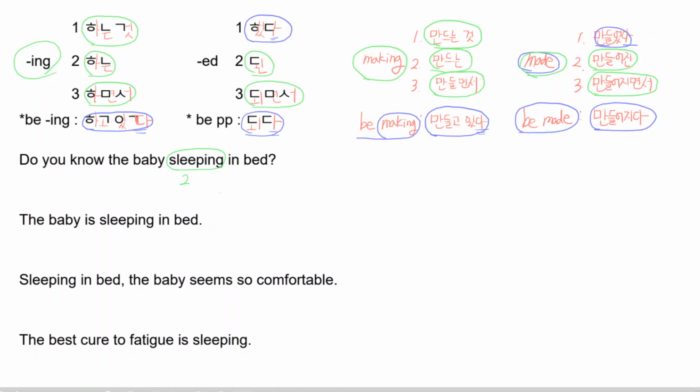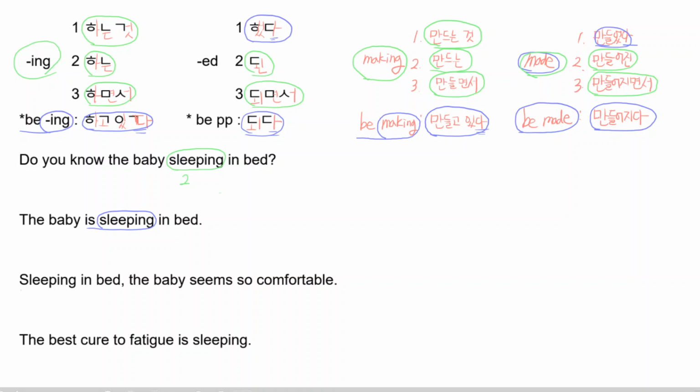Now we have the baby is sleeping in bed. Now we have is sleeping. As you can see here, this is always blue. Is sleeping means 자고 있다.